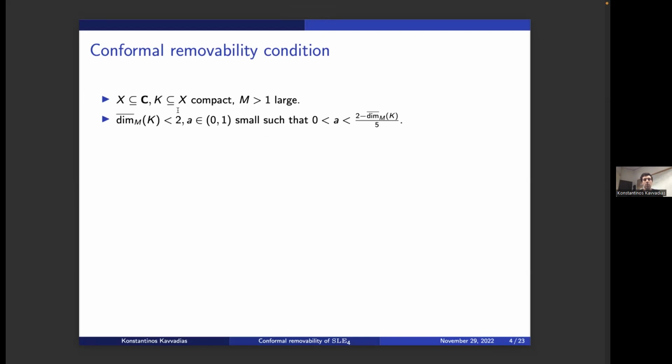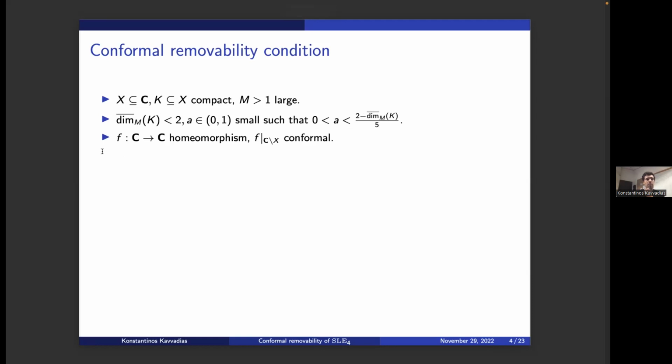This makes sense because in order for a set to be conformally removable, a necessary condition is that the Lebesgue measure be equal to 0. Otherwise, if the Lebesgue measure is positive, then it cannot be conformally removable. And we take A here to be very small, such that this inequality holds. Right now this is not important. It is just for technical reasons. It will be clear in the next slides why we take A to be that small.